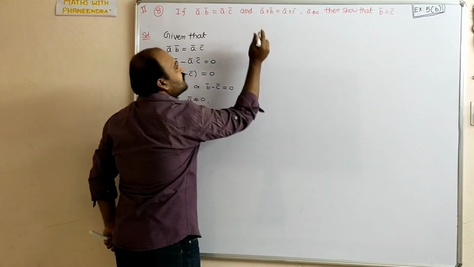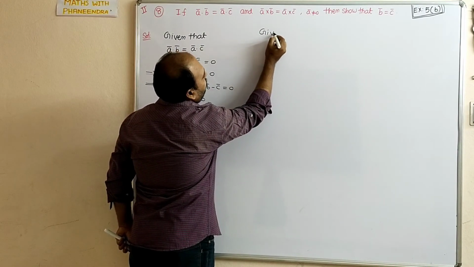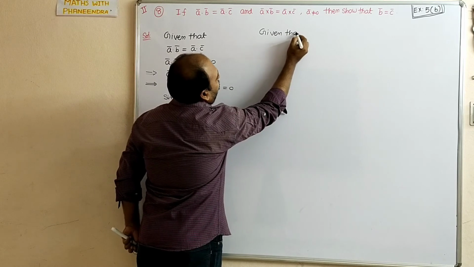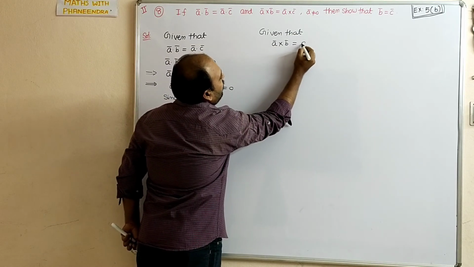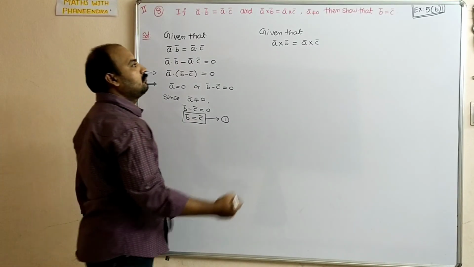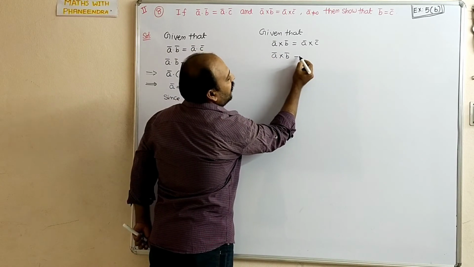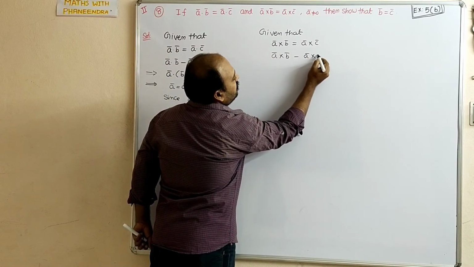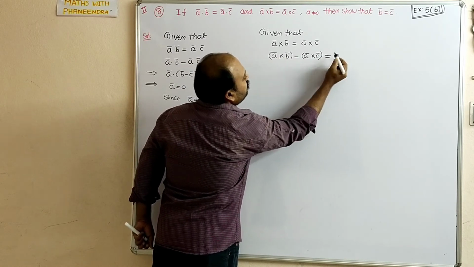Come to the second one. What is the second condition? Given that a bar cross b bar is equal to a bar cross c bar. So, a bar cross b bar minus a bar cross c bar is equal to 0.